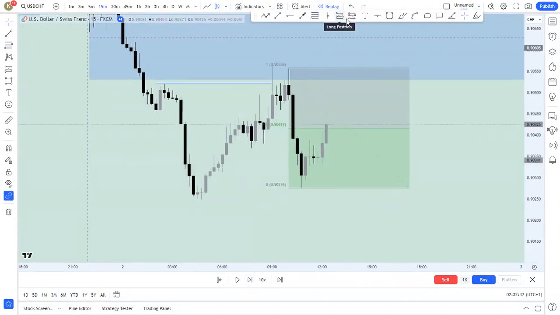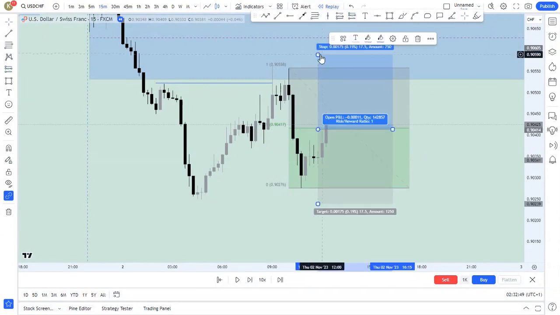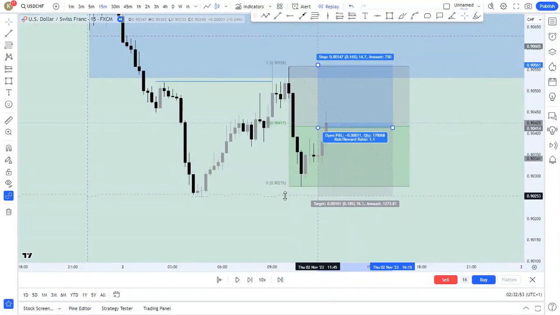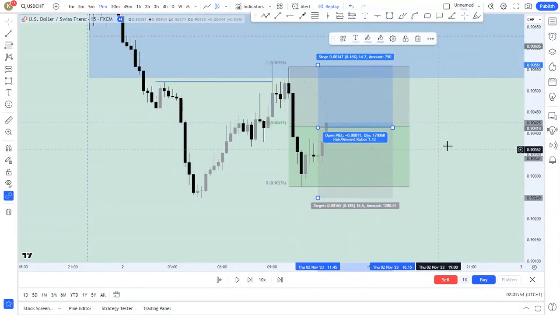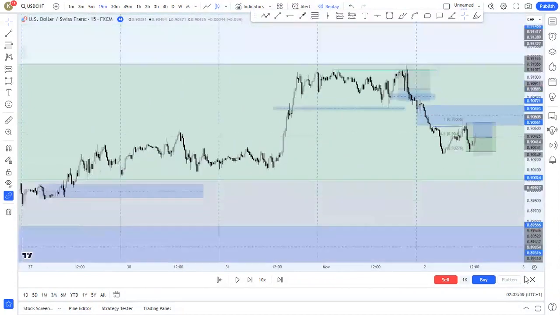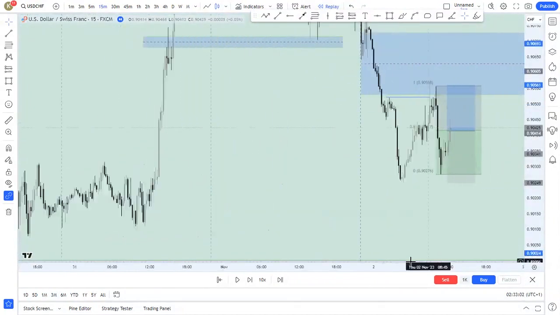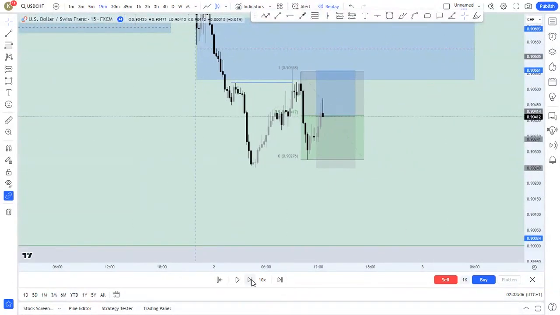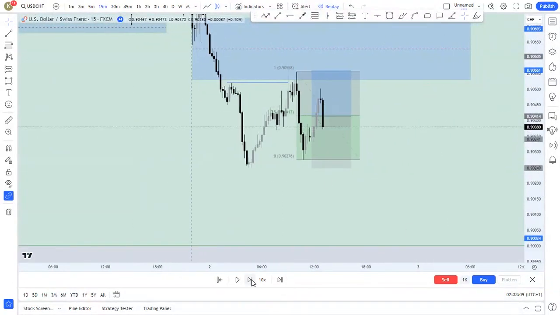So if we do that, then we like taking our profits there, because that low is where I'm expecting price, that's the DOL for the day. If that's going to be possible, it's going to hit the stop loss.